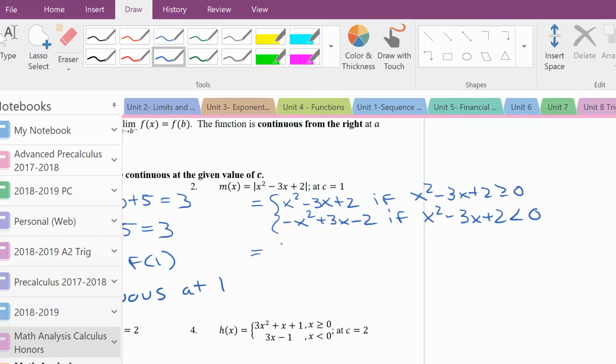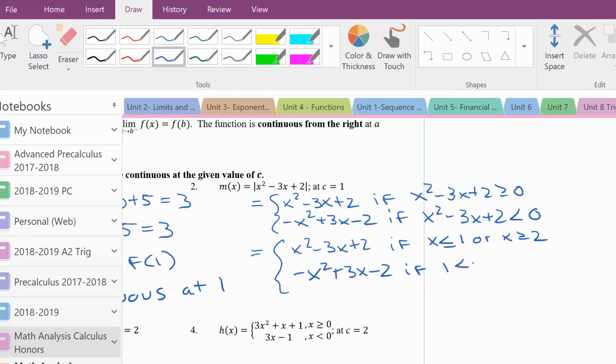So if we rewrite this function, it's x squared minus 3x plus 2 if x is less than or equal to 1 or greater than or equal to 2, and it's the opposite if x is between 1 and 2.